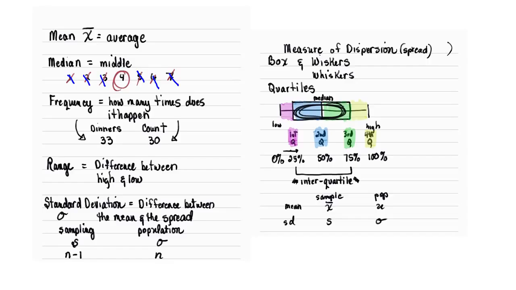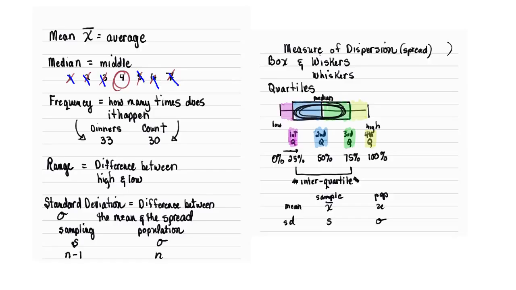Another way to measure what is happening with data, a very good and common way to figure out the spread, is to use a box and whiskers. Now with a box and whiskers, your data is broken up into 4 quartiles. First you have your low and your high, and then you find the median, the absolute middle of the data.